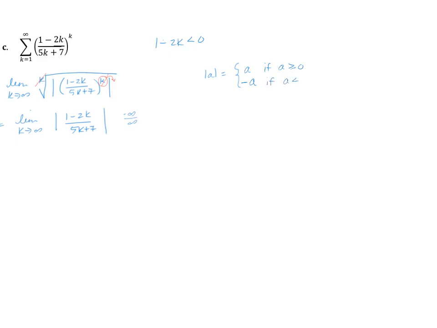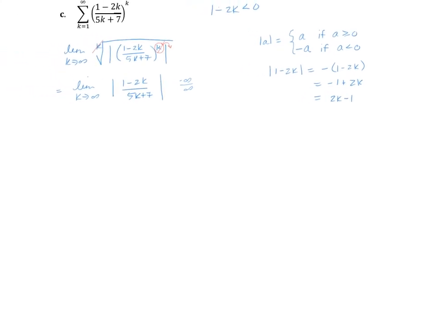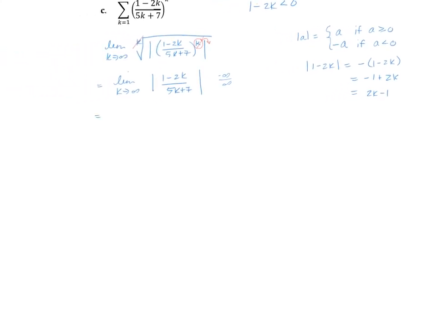So the absolute value of 1 minus 2k is going to be equal to the negative of 1 minus 2k, which is simply negative 1 plus 2k, or you could just rearrange it as 2k minus 1. If you take the absolute value of a subtraction where you have two terms, really all you're doing is flipping the terms. So I can get rid of the absolute values.